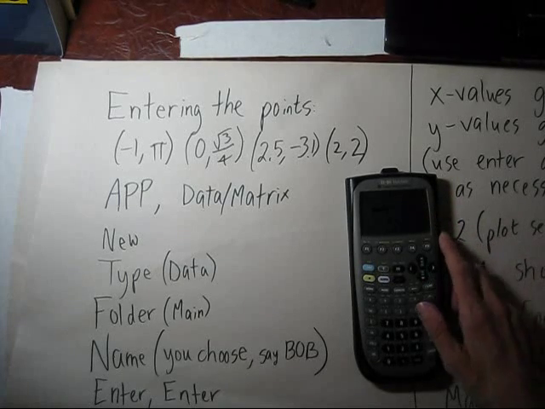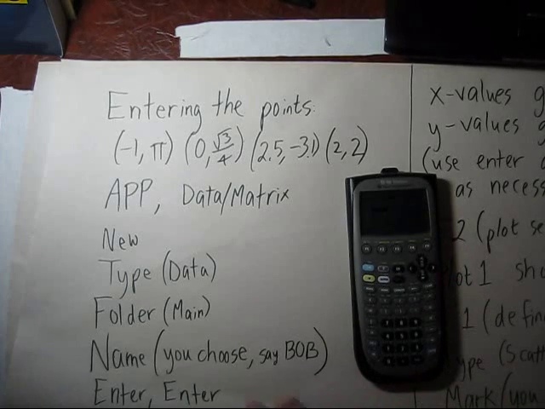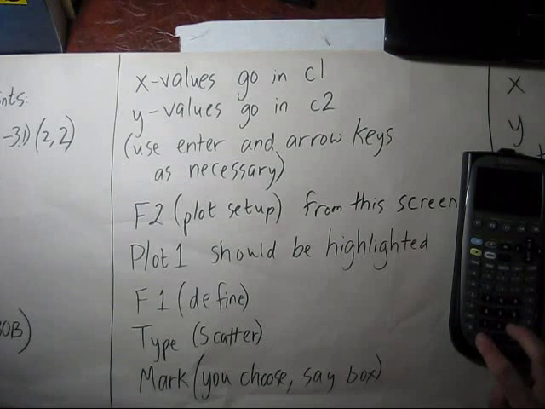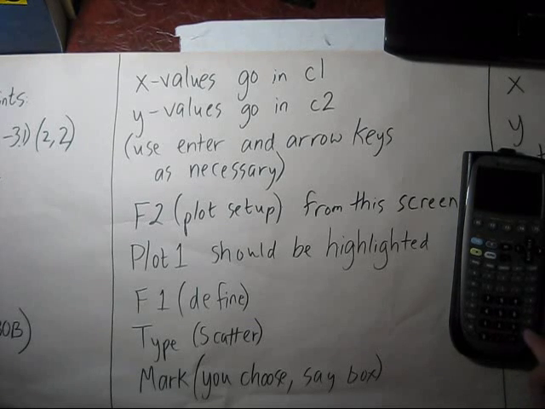We're going to fill in C1 with the X values and C2 with the Y values. So -1, 0, 2.5, and 2. I'm hitting enter after each one.